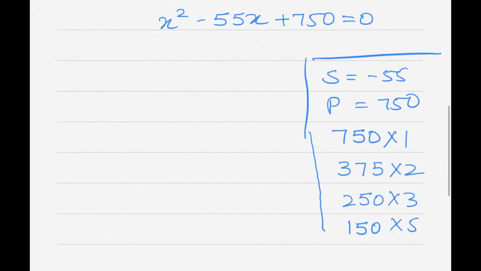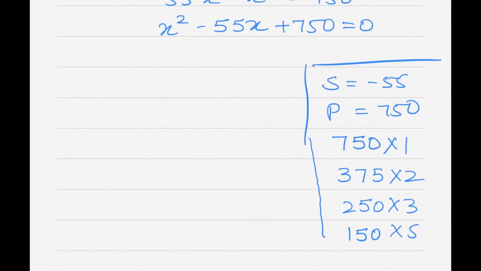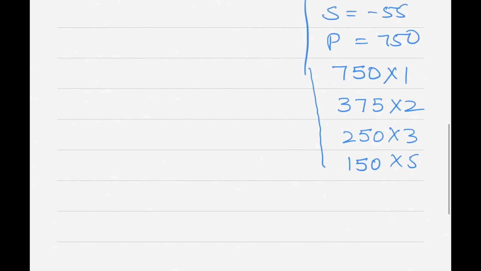I have to get the sum of two numbers as 55, because my product is positive, so there will be two negative numbers, so the sum has to be 55. Now 6, because it went by 3 and it is an even number, so it will go by 6. So 125. Then 10, of course, 75 and 10.